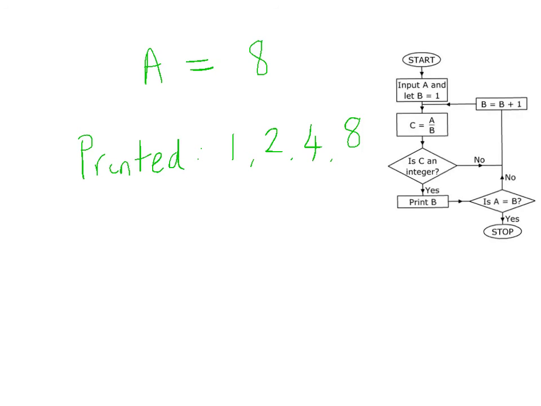Now I hope we would notice here that this flowchart algorithm has printed the factors of 8. So this algorithm gives us the factors of a, whatever we start our value of a with.